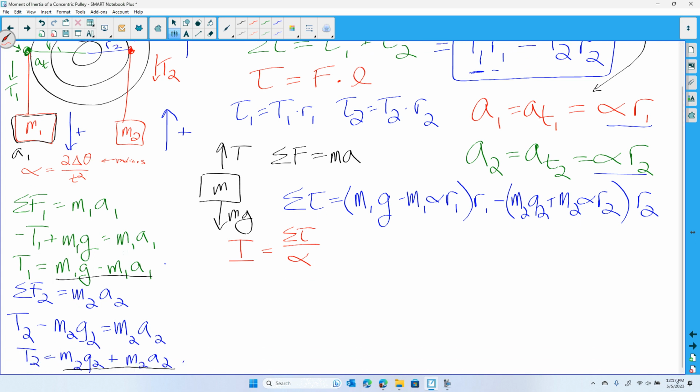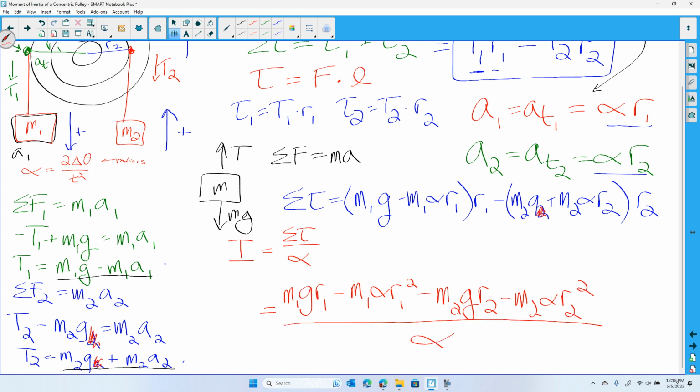If I do the algebra here, what we get is M1 G R1 minus M1 alpha R1 squared minus M2 G R2, not G2, sorry, me trying to write and talk at the same time, minus M2 alpha R2 squared, all of that divided by alpha.